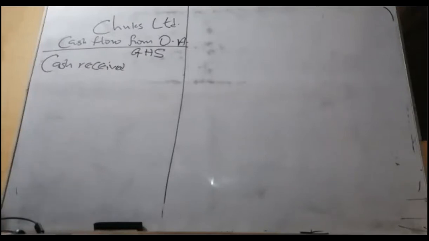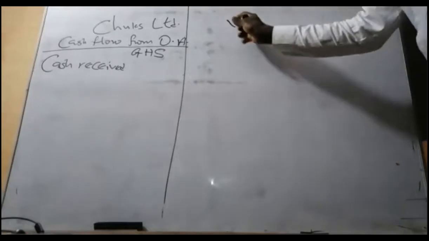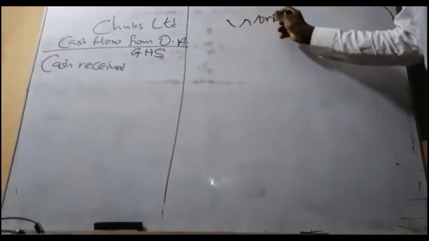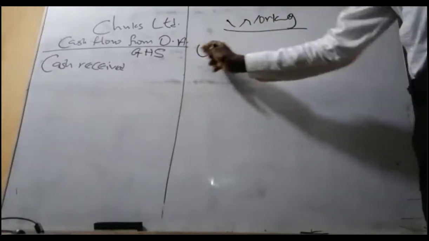Now there's one good news about the cash flow statement. Their workings are straightforward. There are 3 steps. So workings. The first working on the list will be 1.